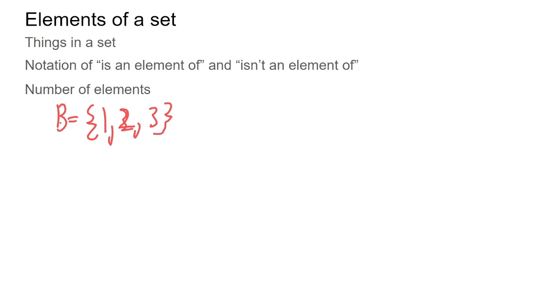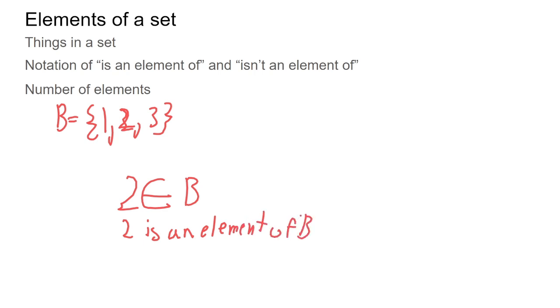Then we can say 2, and you would draw this kind of E-looking thing, like a C with a line in it, and then B. This means 2 is an element of B. So this symbol basically just means is an element of. But we could also say 5, and then draw this symbol with a cross through it, and then put B. That means 5 isn't an element of B. So that's notation that you need to know.